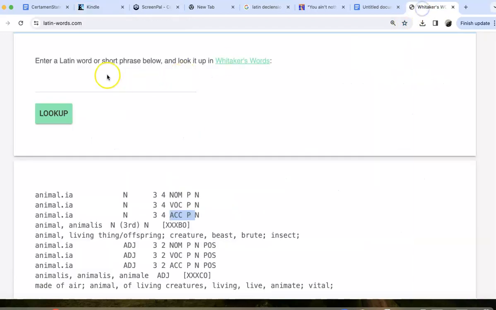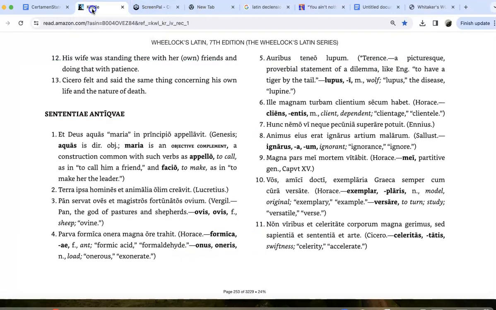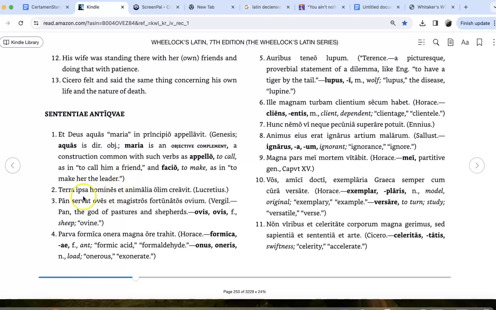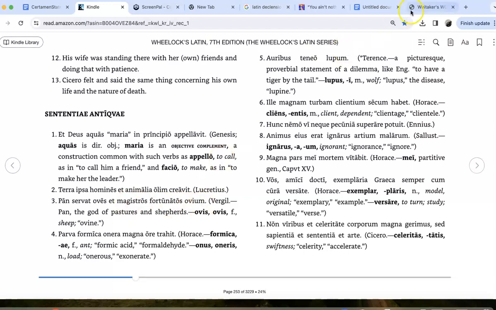Once again, I encourage you to take the time, as with anything that you want to do well, and look these words up. So servat can mean watch over, protect, store, keep, guard, preserve, save. Many of these will work. Choose the one that you think fits the context the best. So in this case, I'm going to say Pan protects the sheep and fortunate masters of the sheep.